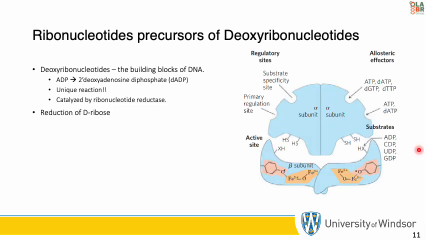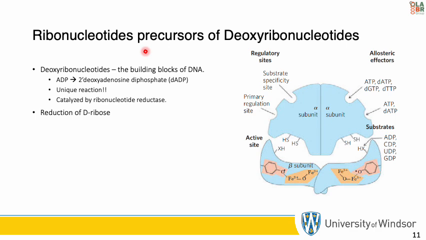Continuing on with the prospect of nucleotides, we're now going into ribonucleotides being the precursors of deoxyribonucleotides.